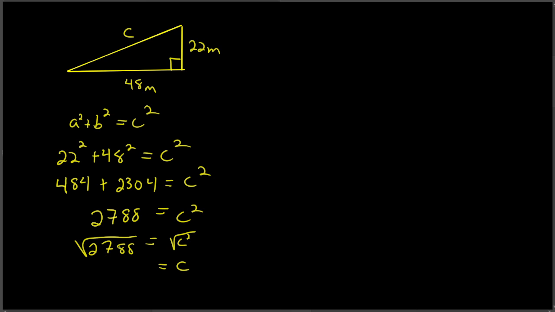And so c is going to be the square root of this. I type this on my calculator. I get around 52.8. I'm going to have to put an approximate sign here because it's not exact. And so this hypotenuse, well, I didn't have decimals here, so I'll say this is 53 meters. Let's look at what happens if I know the hypotenuse but not one of the legs.